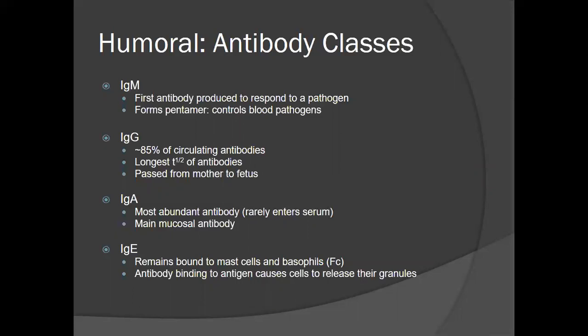You also have IgG. So if for some reason you're ever thinking about antibodies, which I do sometimes, I don't know if you do, this is probably the one that you're typically thinking of. This is the majority of your antibodies that are in circulation. So when we talk about the positive effects of a vaccine, or the positive effects of natural immunity, it's usually going to be a robust IgG response that is going to help you clear that pathogen.